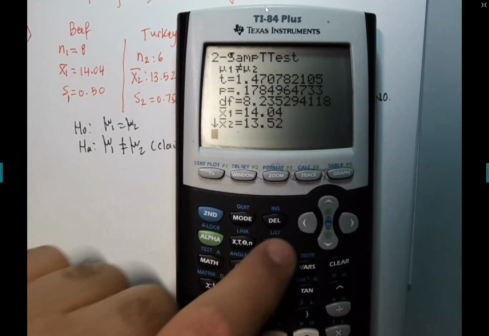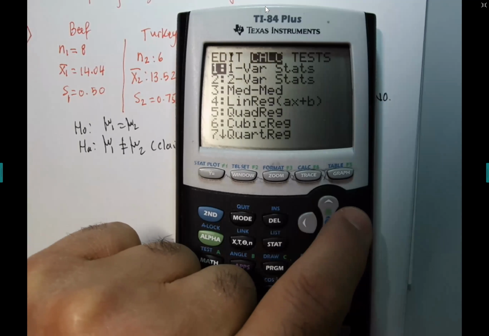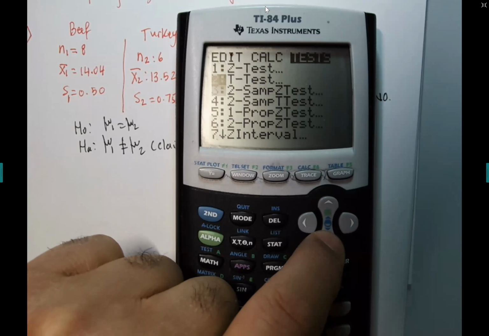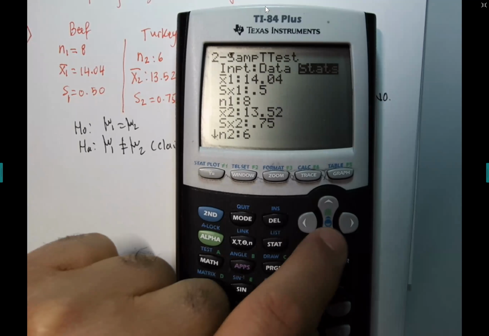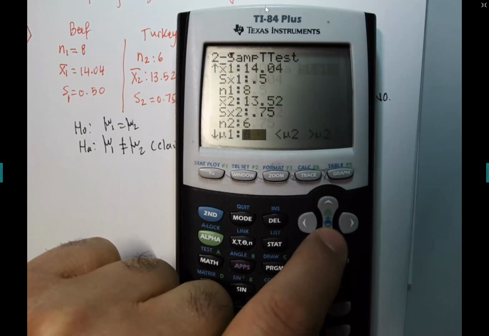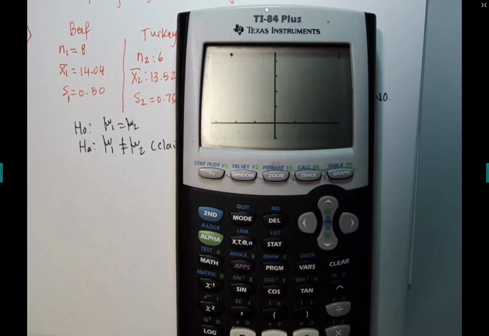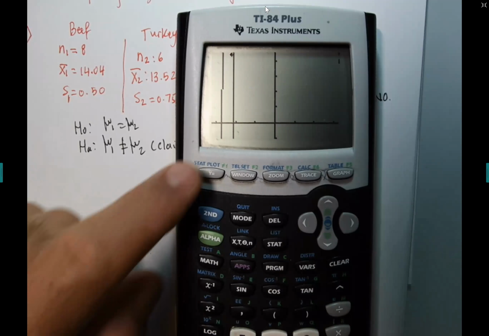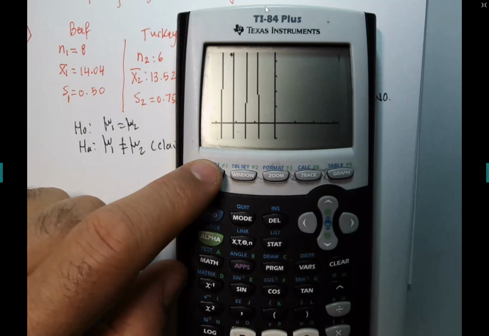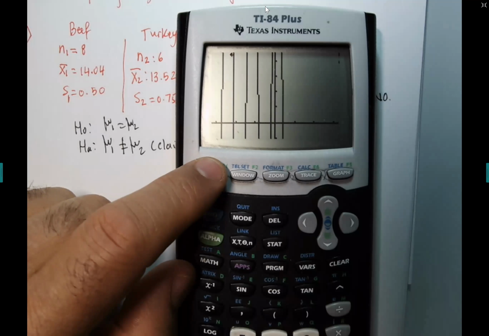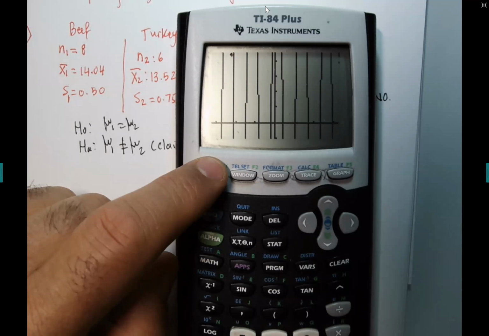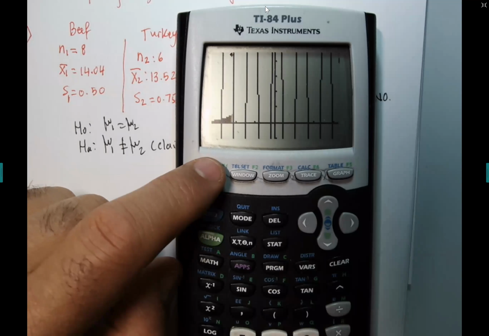And if you want to see how this works, guys, if you do a graph, not this graph. That's something I probably put in the calculator from before.